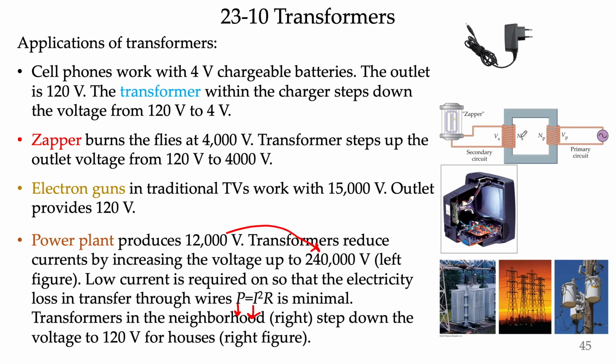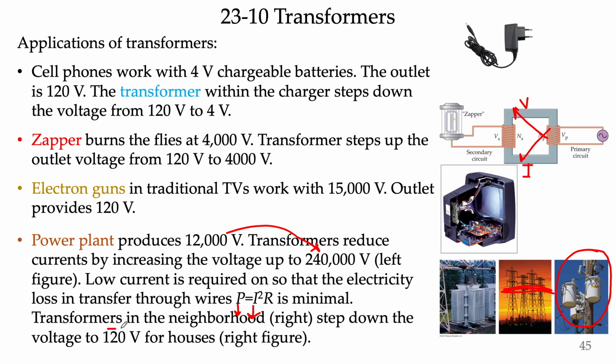Because if you remember, if you increase the voltage, you actually decrease the current. So here the aim is to decrease the current so that less and less energy is wasted while we carry the electricity through the wires from one city to another. Now, when the electricity comes to the neighborhood, you see transformers again.